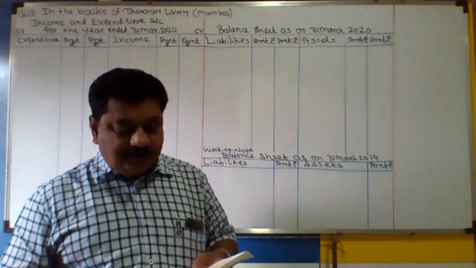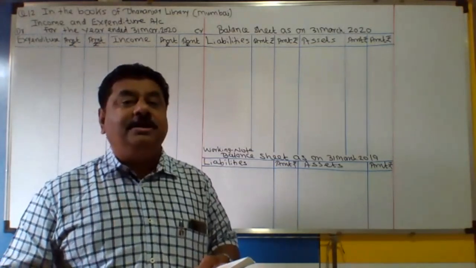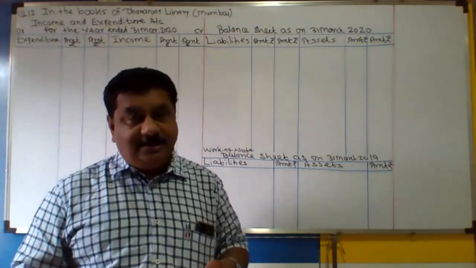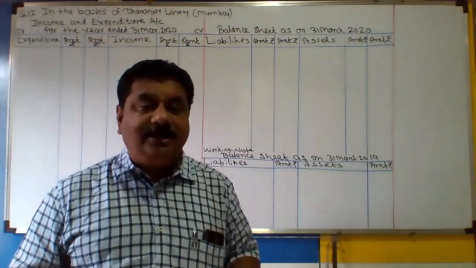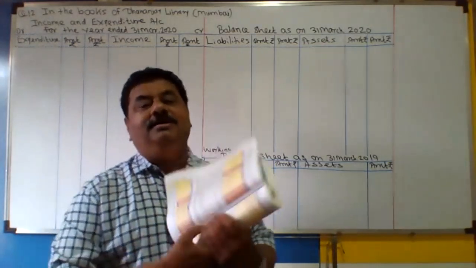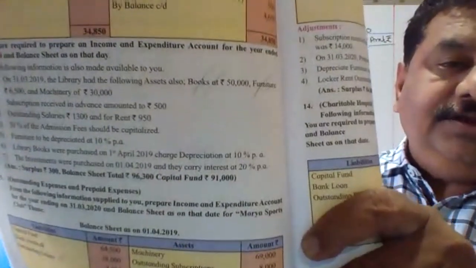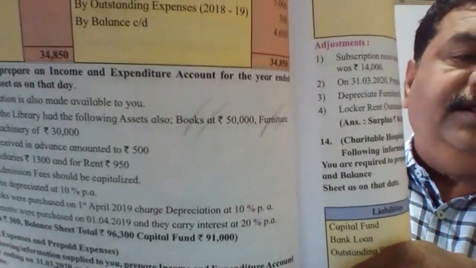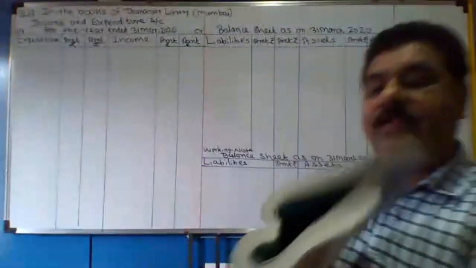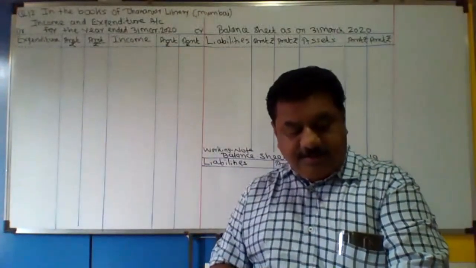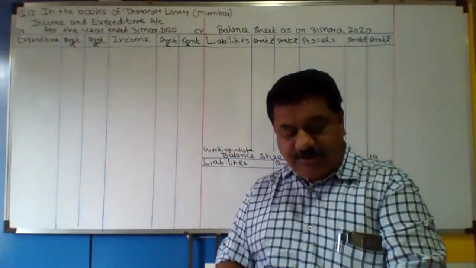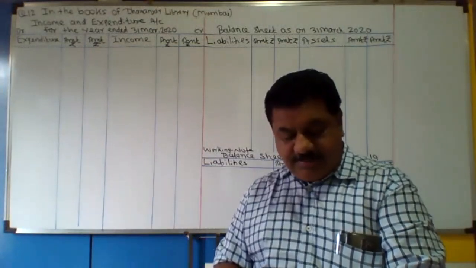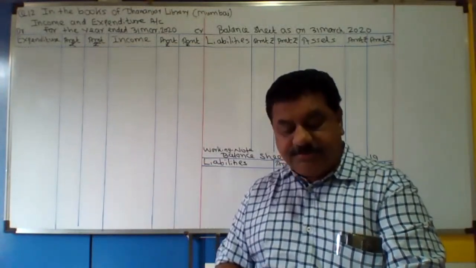Furniture depreciated at 10% per annum. Now in adjustment number 1, the furniture that you see, you have to tick mark it. So you are supposed to put a tick mark for furniture, like this. Library books were purchased in April 2019 and charged 10% depreciation per annum.